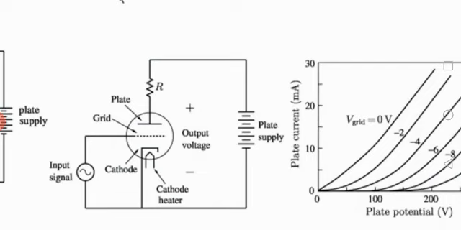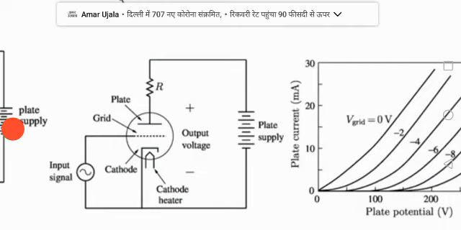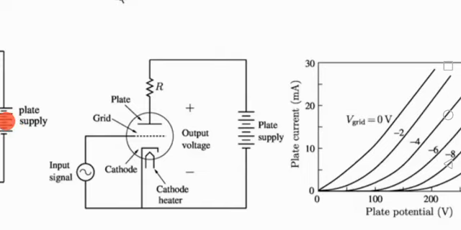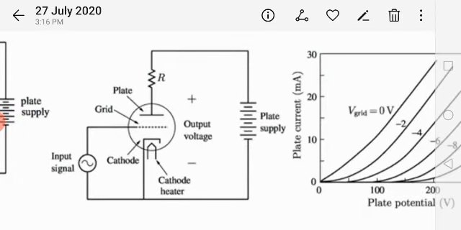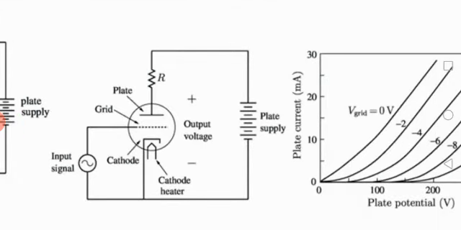Here you can see the input signal. Again, we have applied a negative potential on the grid, and we have applied the positive potential on the plate. Again you can see the positive plate supply: the positive terminal of the battery is connected to the plate anode, and here you can see the grid.